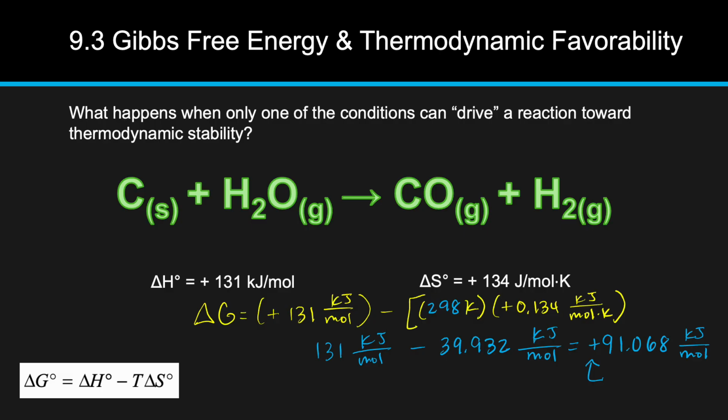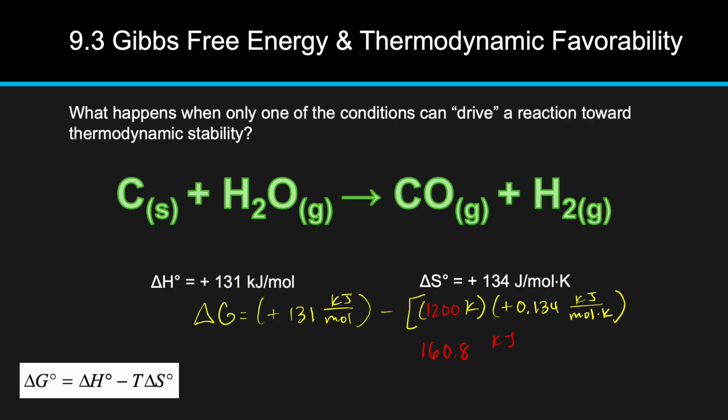So now let's talk about what happens when we increase the temperature. So let's increase the temperature of this system to 1200 Kelvin. When we increase to 1200 Kelvin and multiply that by 0.134, that's going to give us a T delta S at 160.8 kilojoules per mole. And we know we started with a delta H of 131 kilojoules per mole.